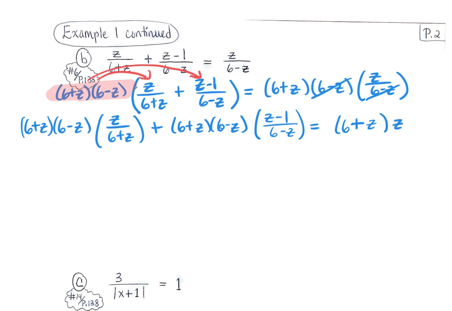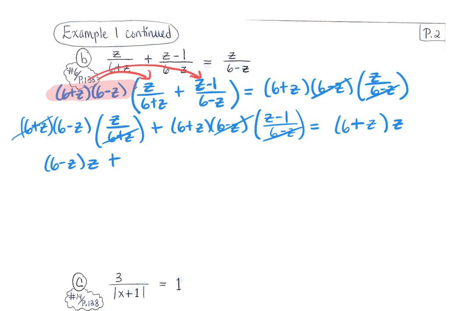Yes. What happens on the left side? The 6 plus z cancels out. These cancel out to leave us with 6 minus z times z. Yes. What happens next? The 6 minus z cancels out. So what sign do we put here? Plus.